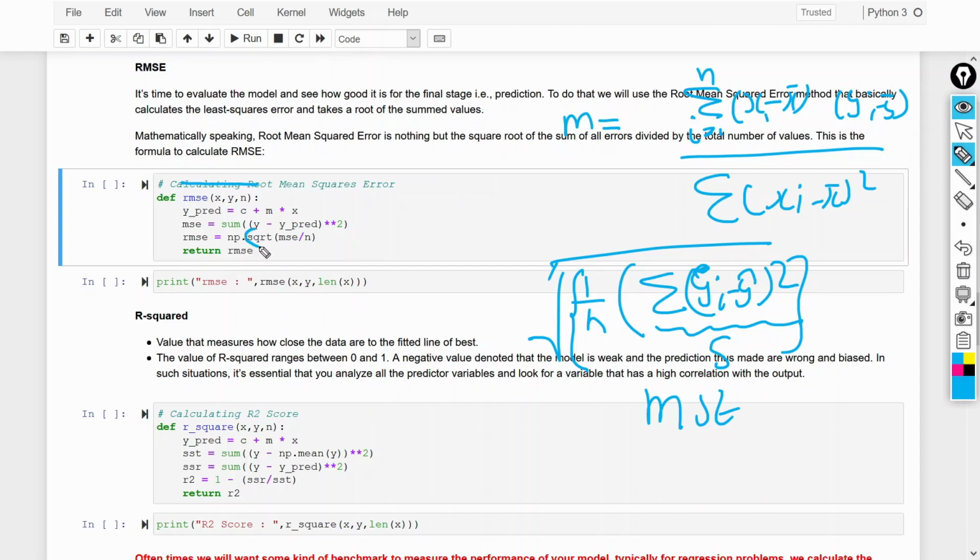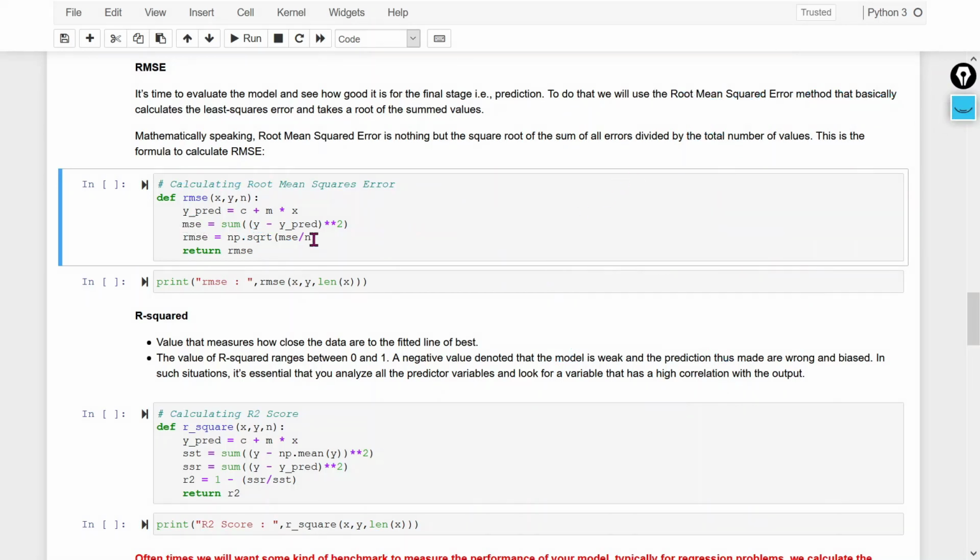So I am going to use the square root of the MSE. This will be your SSE, I think, sum squared error. So by this we can calculate the root mean squared error.